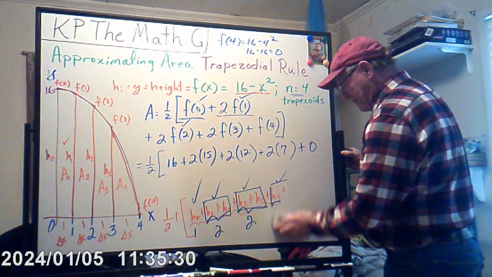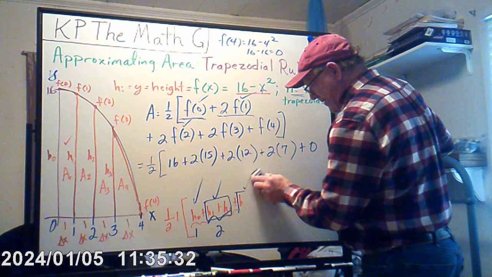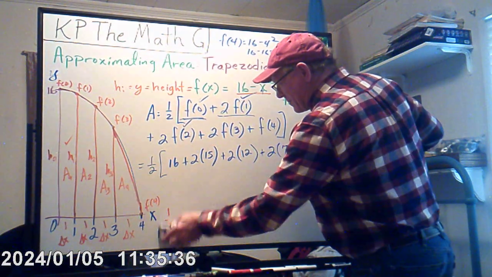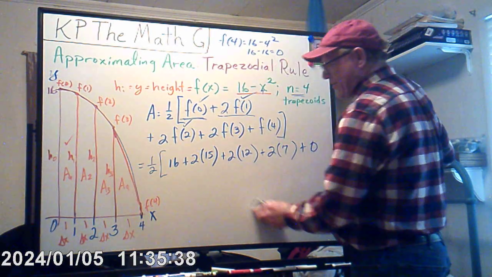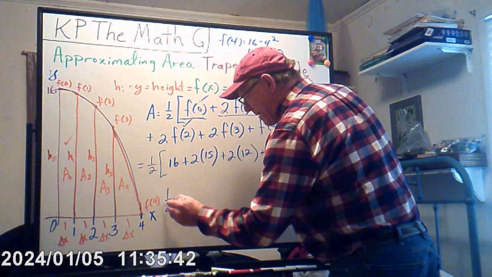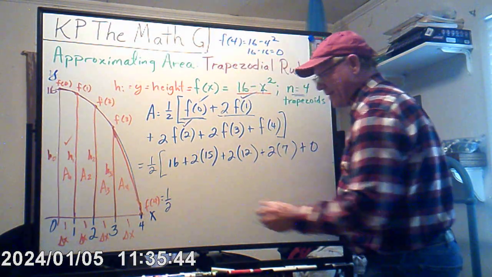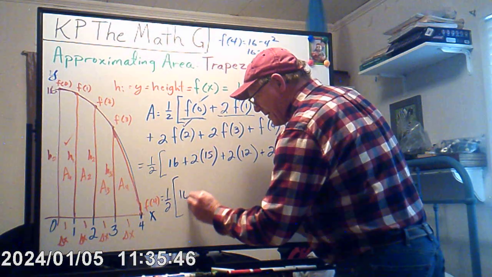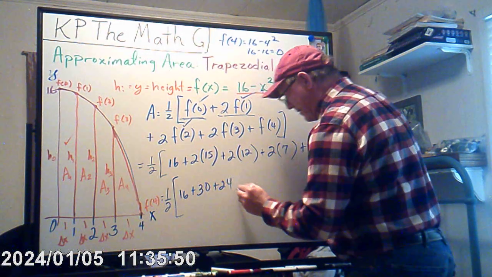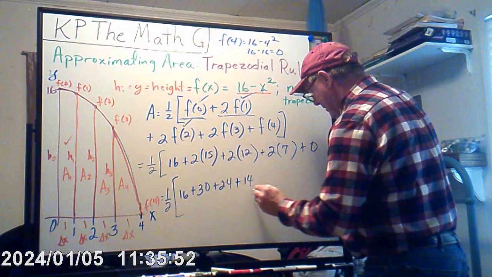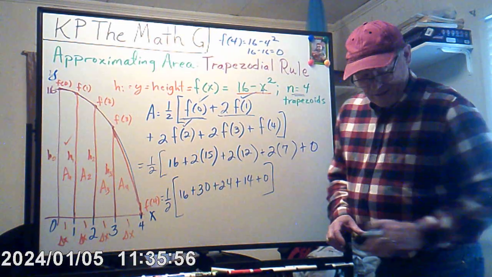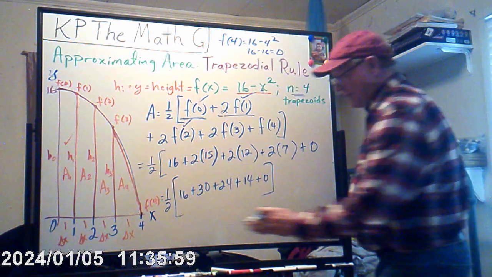So if you can get that formula set straight in your mind about the trapezoidal rule, you got this. Now let's do a little figure. Remember, in the end we're going to multiply by 1/2. So 16, 2 times 15 is 30, 2 times 12 is 24, 2 times 7 is 14, and then plus 0. There it is.